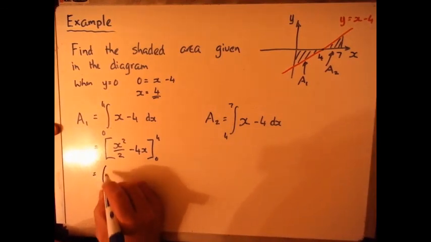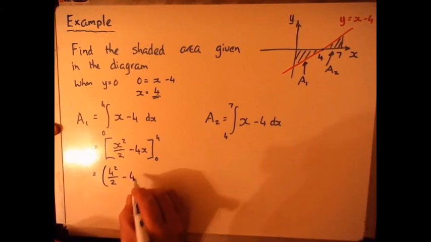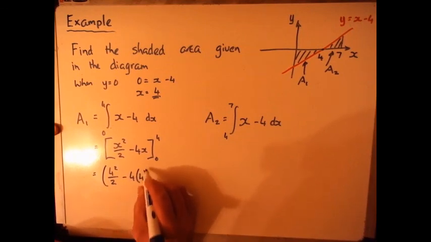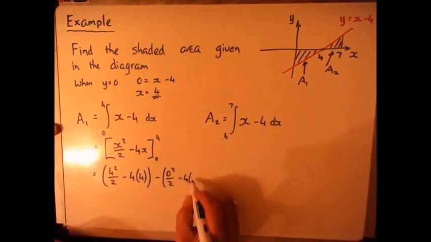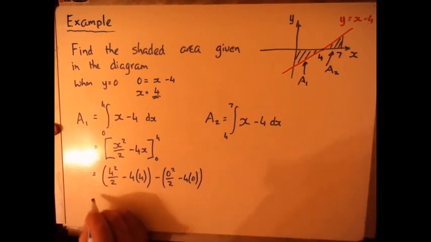So an upper limit of 4 gives me 4 squared over 2 minus 4 lots of 4, and I'm going to subtract from that 0 squared over 2 minus 4 lots of 0.